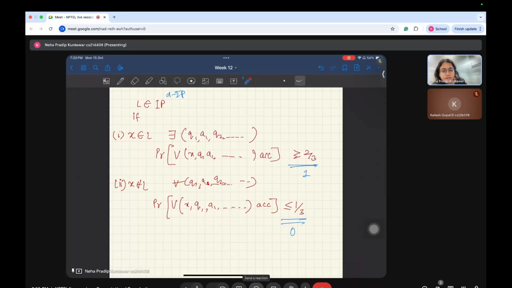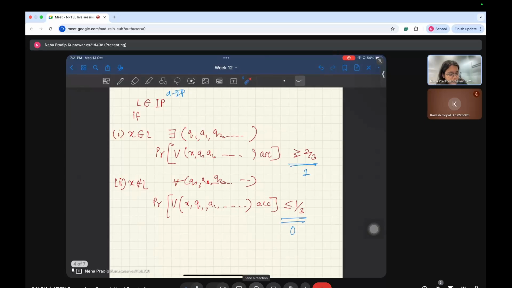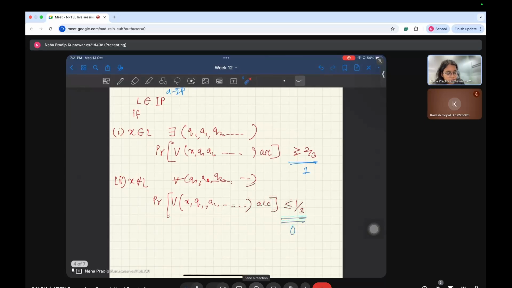Whereas now the verifier has access to random coins, so these a_i, which are the messages sent by the verifier, are random coin tosses. And now if X is in the language, we are relaxing the acceptance probability to 2/3, and if X is not in the language, we are allowing the error to be 1/3.